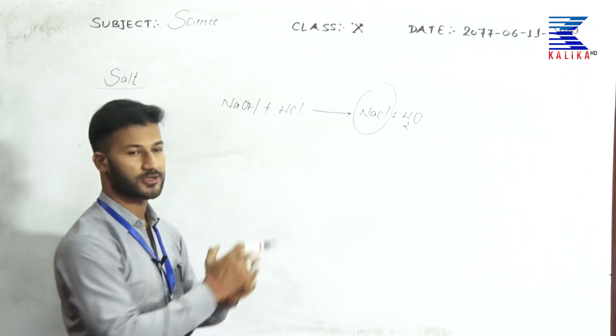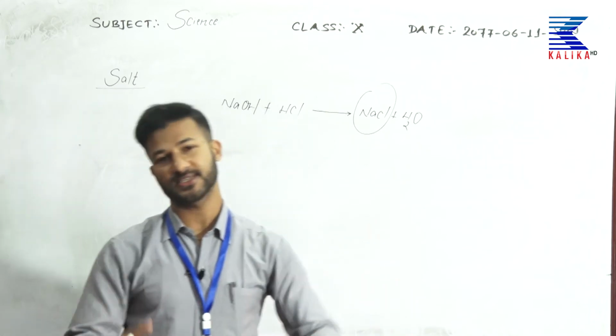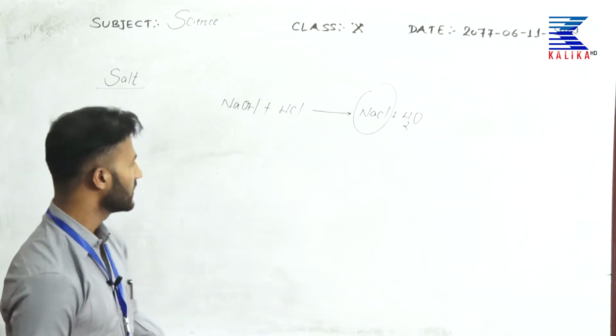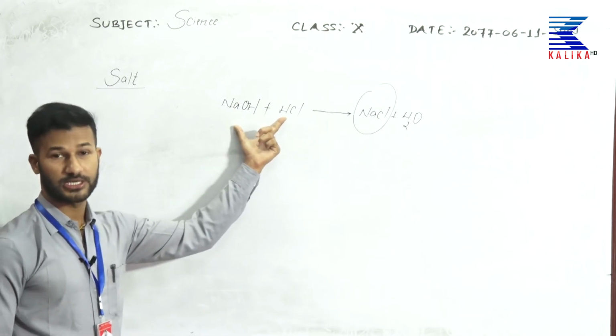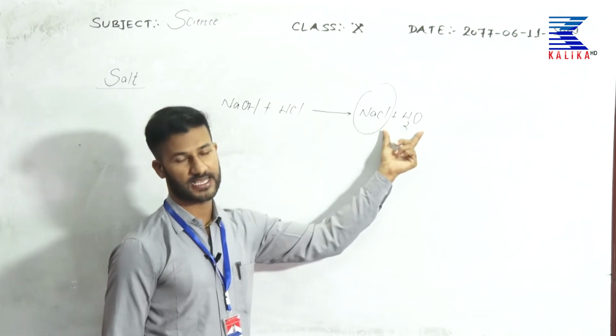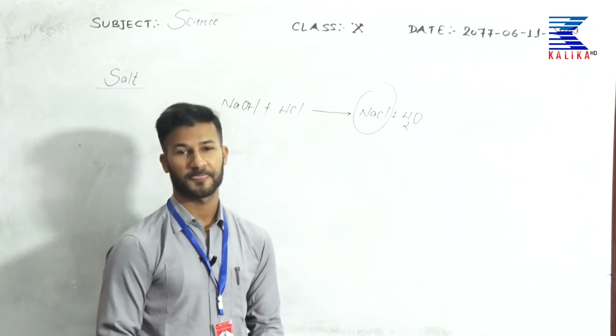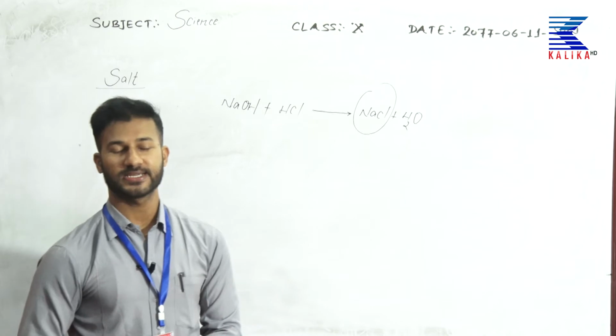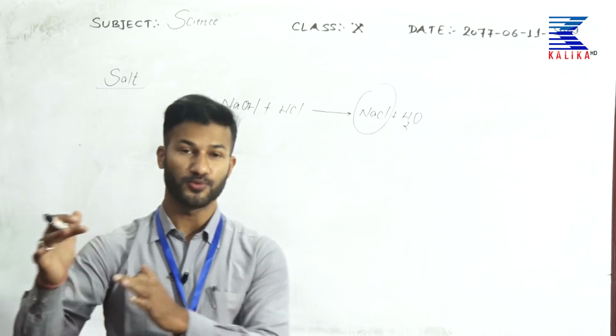This kind of chemical reaction is called a neutralization reaction, because each of these chemical reagents neutralizes the other and forms completely neutral substances like salt and water. So this is how we get salt in another way.